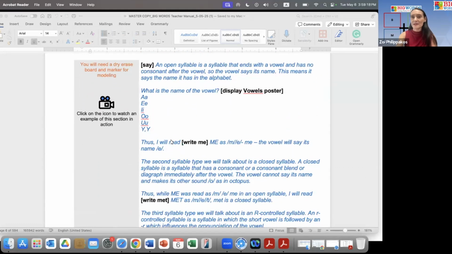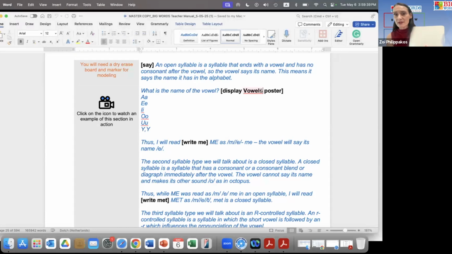So what is an open syllable? An open syllable is a syllable that ends with a vowel and has no consonant after the vowel. So the vowel says its name. This means it says the name it has in the alphabet. So what are the names of these vowels? Here I can display the vowels poster, or I can display my poster at the back.